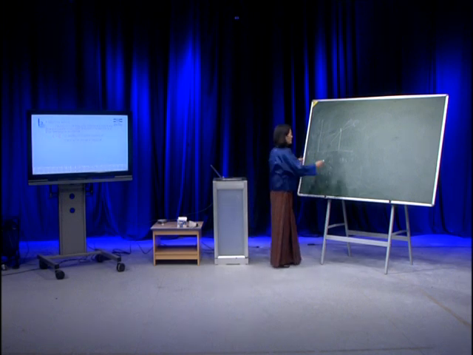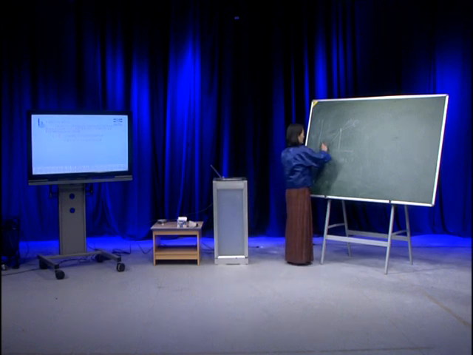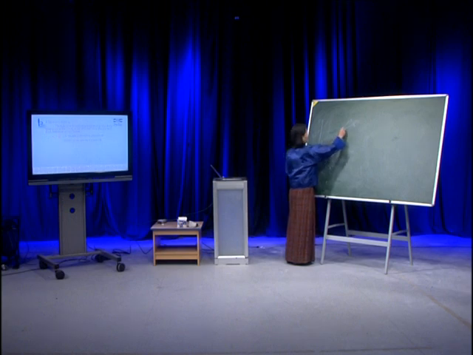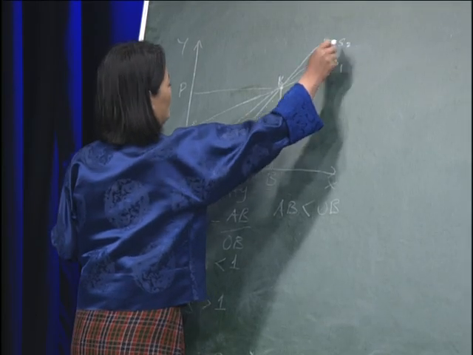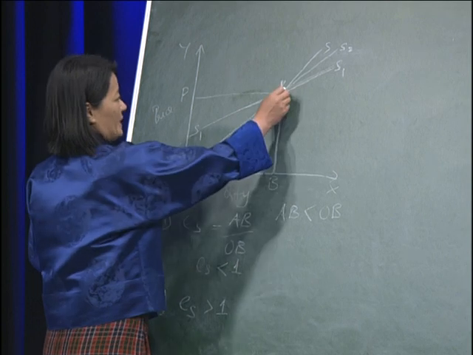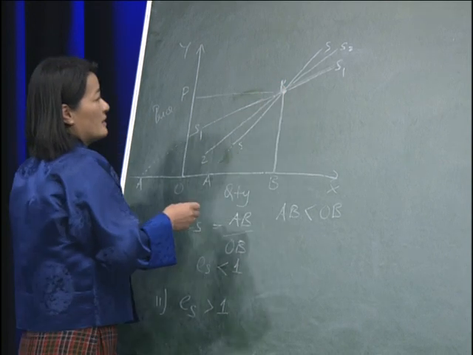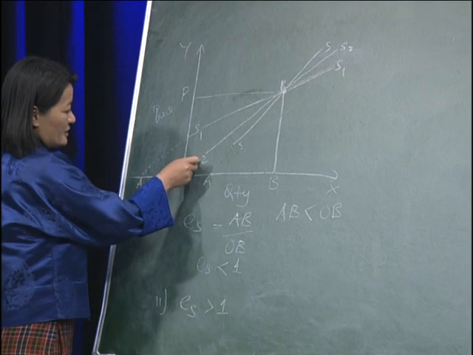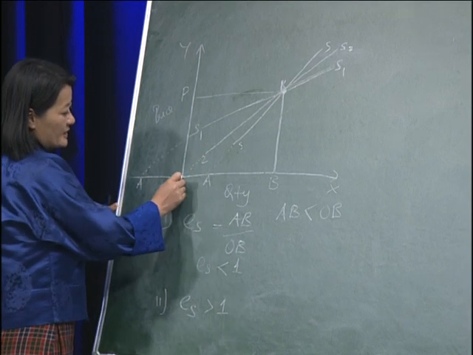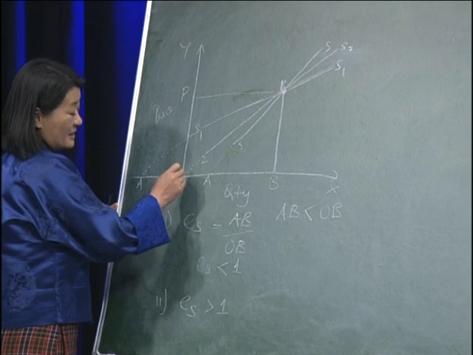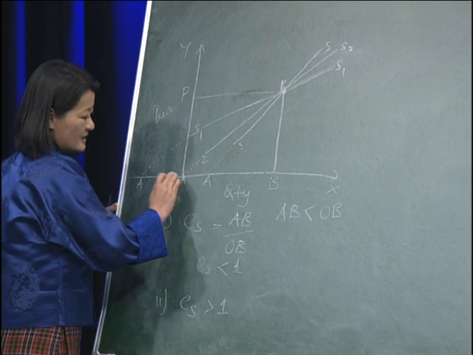Now, let us look into a third case. Let us say S2, and again you have to find the elasticity for point K. As usual, you extend the line till it meets point A on the x axis.